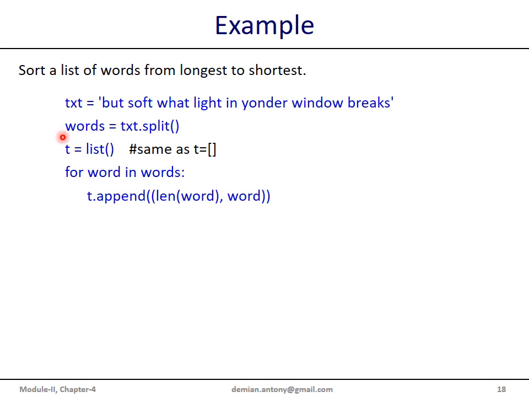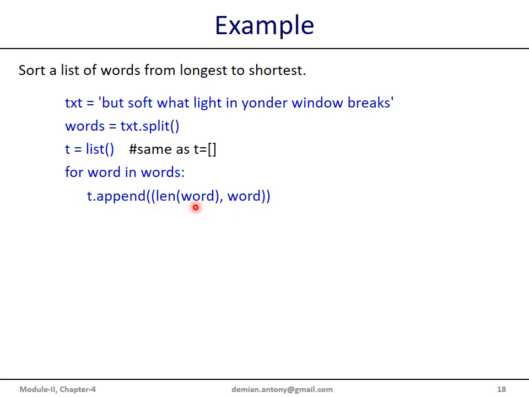We put the tuples into t for each of the words present in the words list. For each of the words in the words list, you calculate the length of the word, and that length of word along with the word itself, we put them in the list t as a tuple. You can see the parenthesis. This is a tuple representation.